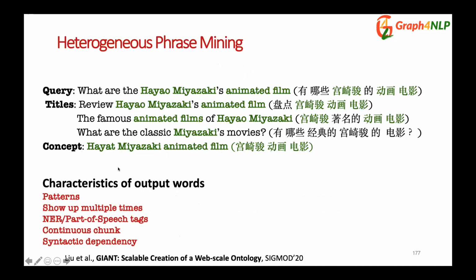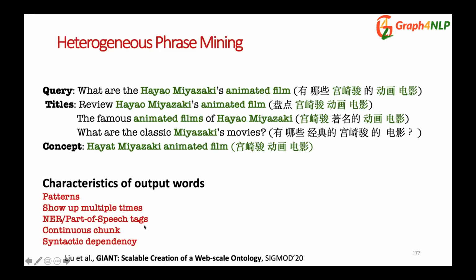If we look into this example, we will see some characteristics of the words in the output concept. First, they show some patterns in the query and titles. Second, they show up multiple times. You will see that most of the words in the concept appear in all of the queries and titles. And third, NER and part-of-speech tags are useful features to classify whether a word in a query or title can be a word in the output concept.